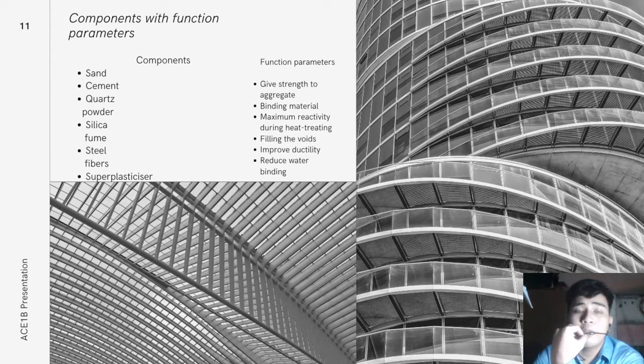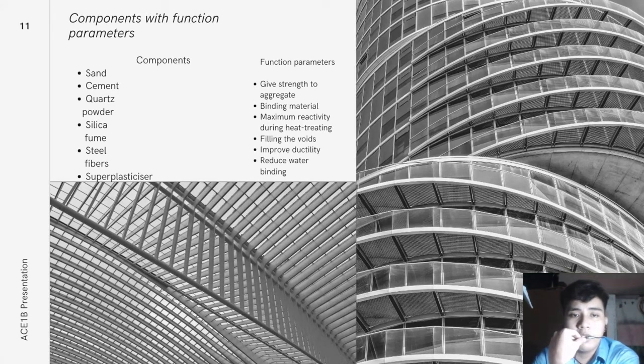Components with function parameters. First, sand. Its function is to give strength to the aggregate. Second, cement. Its function is to bind all materials present in the RPC mixture. Third, quartz powder. Maximum reactivity during heat treating. Fourth, silica fume.